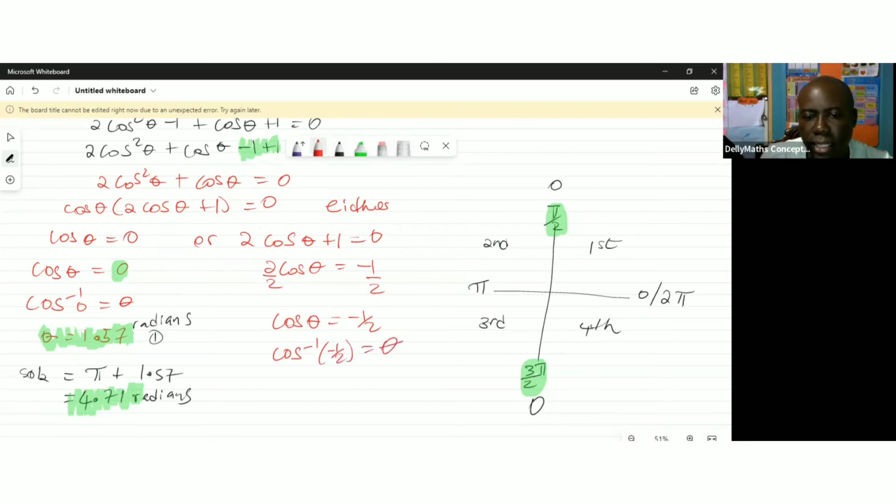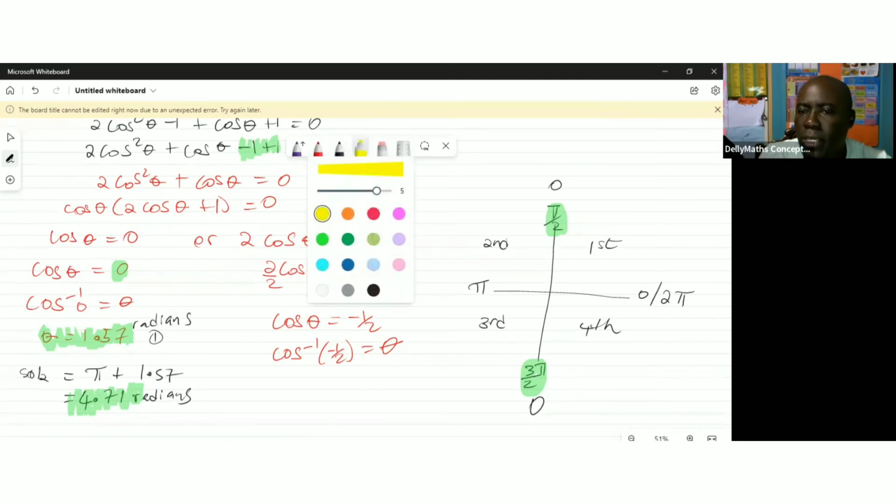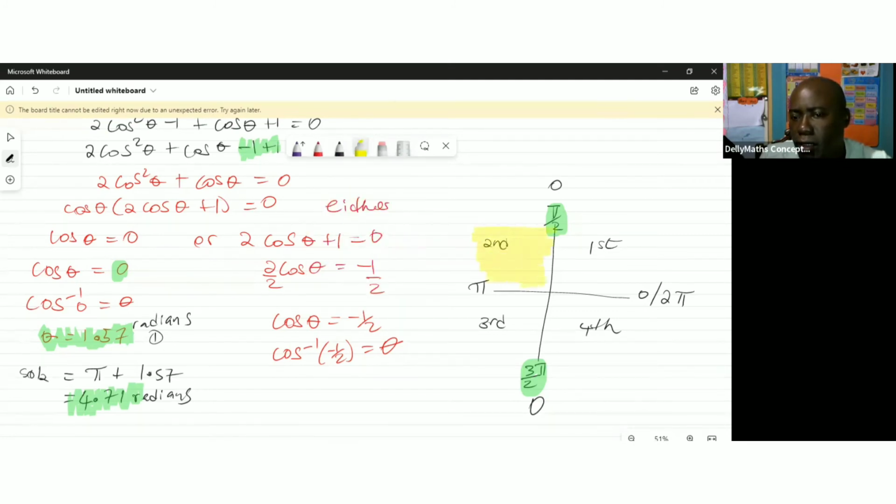That's going to tell us theta. I could tell you that the negative values for cosine will be in the second quadrant as well as the third quadrant.